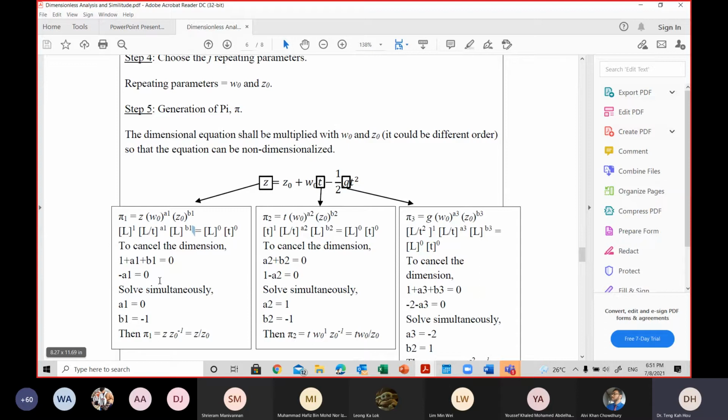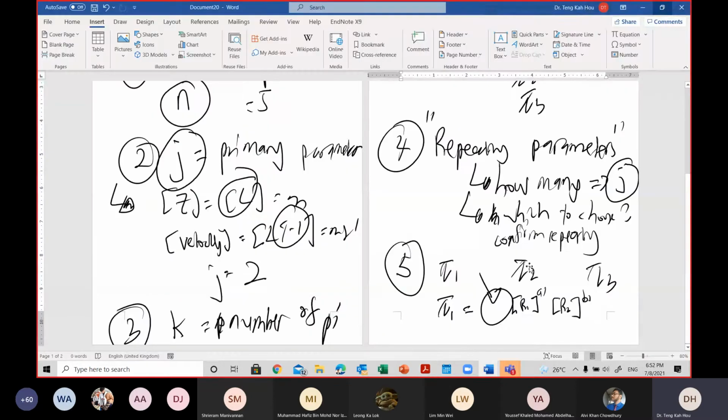Okay? So for this case, and as I explained, right, you need to write down all the dimensions into that. So it's L1, power 1, A1, and B1. Your intention is to make it become dimensionless, right? So if you want to make it dimensionless, you will have L0, T0 at the end. Use the power of, for the L case. So I will rewrite everything.